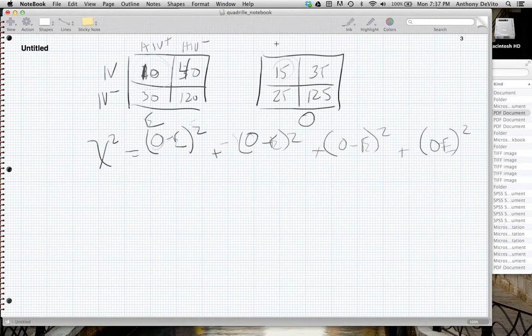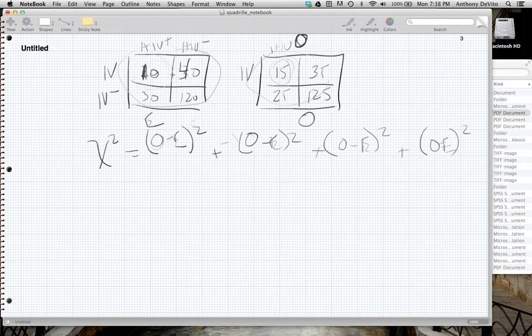These are our observed values, right? These are our expected values as we calculated them before. Okay, what we're comparing is in the observed values, the IV drug users, 15 out of 50 were HIV positive. In the expected values, we only expected 10 out of 50 to be positive, right?